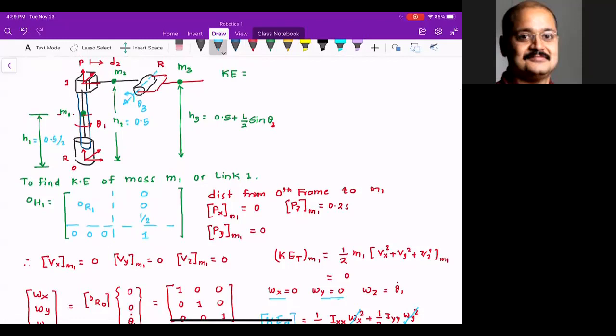I want you to quickly Google and find out the moment of inertia of the cylinder with radius r and length L. Please note, this is the axis we are trying to find the moment of inertia about.